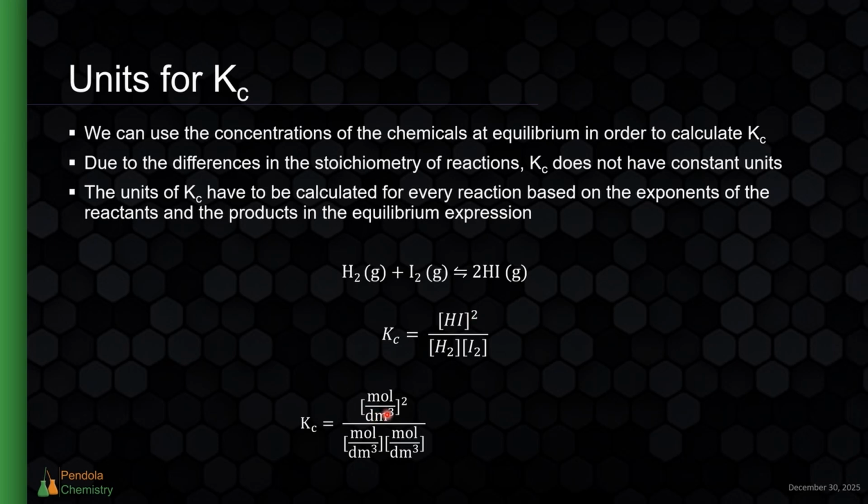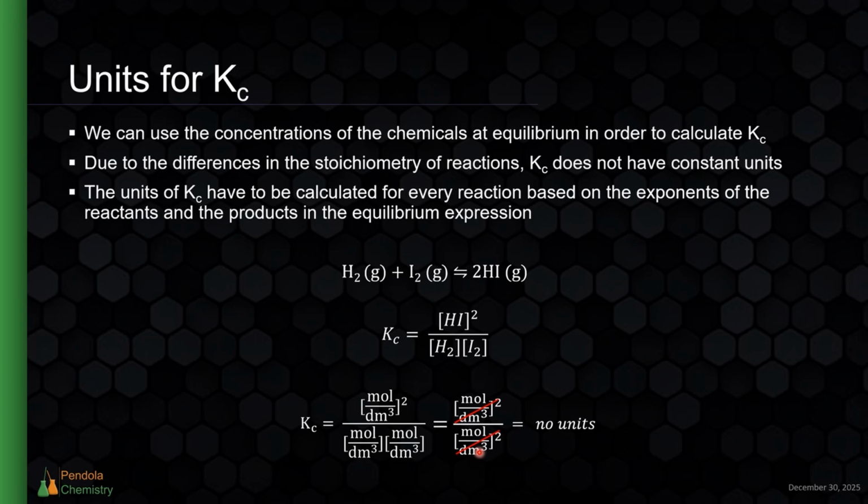So those will be moles per cubic decimeter squared divided by moles per cubic decimeter times moles per cubic decimeter. Once we simplify this, we end up with moles per cubic decimeter squared divided by moles per cubic decimeter squared. Well, those two units actually cancel out when we divide them by each other. And so Kc, the equilibrium expression for this particular reaction, has no units. Now, for this particular reaction it doesn't, but for different reactions, it will.